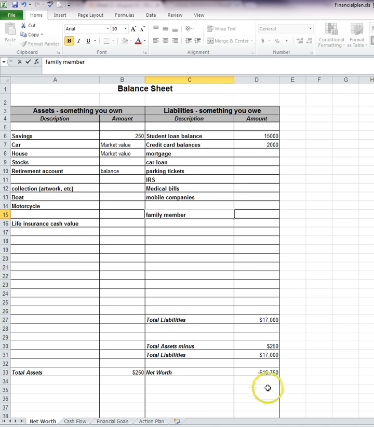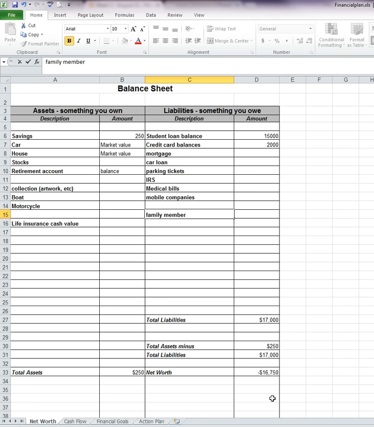Well, similarly here, this is your starting point. And over the course of the next 16 weeks, we want to improve our net worth, and that could be making it less negative or making it more positive. But we have to do something. We already talked about that. We have to do something because financial peace of mind is our goal.